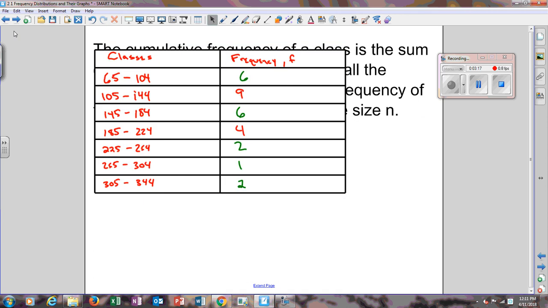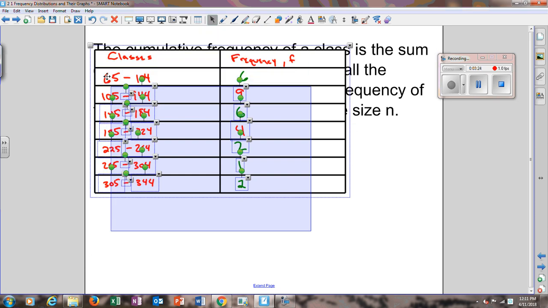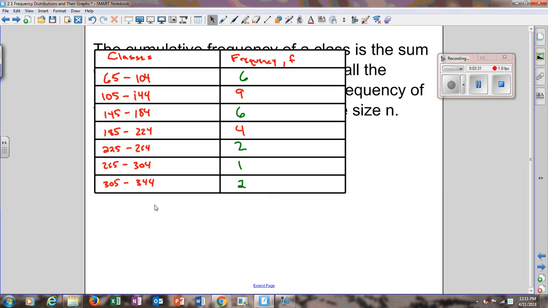That's what I was afraid of. For whatever reason, it makes me copy the entire table. Okay. So we go to the next page.